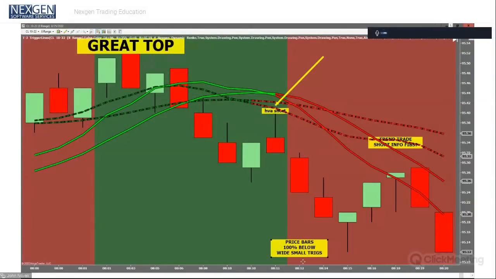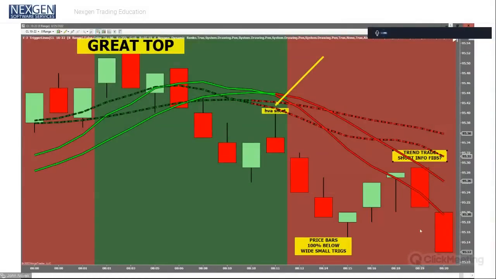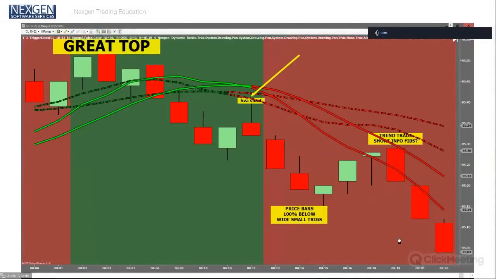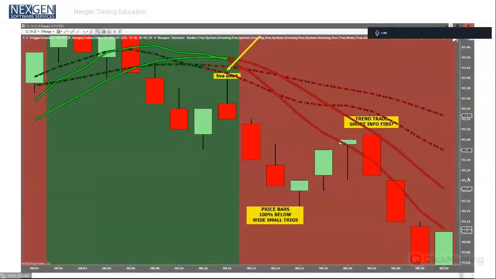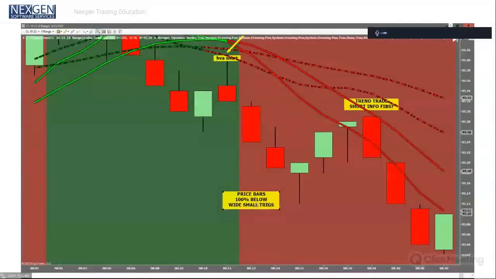And then when the price bars were 100% below our small wide triggers on the 13-2 chart, we were wondering if we were going to trend trade into fibs. Right? And Douglas said that was one of his issues. So let's try to ascertain, if we can, now that you know the price bars are completely below the 13-2 small triggers that are wide, which adds a lot of power to it, can we confidently and accurately say what these two triggers are doing and where we're located relative to these two?